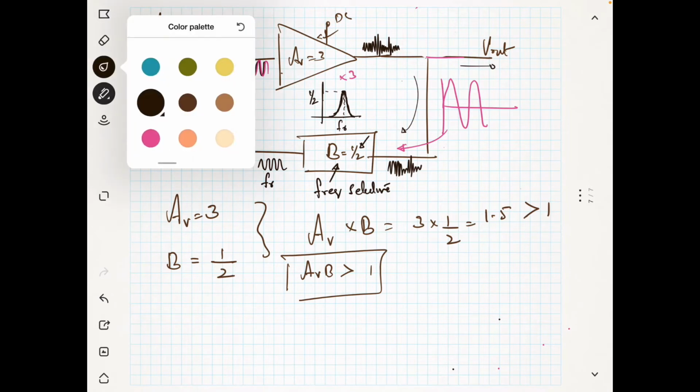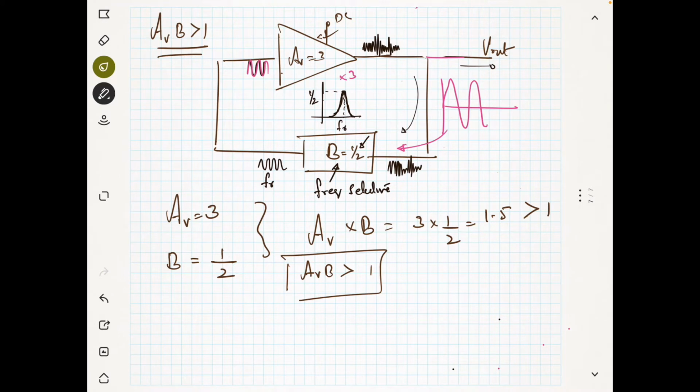Reduced to half means its amplitude is reduced by a factor of 1 by 2. So the output will be 1 by 2 times the signal at frequency FR.